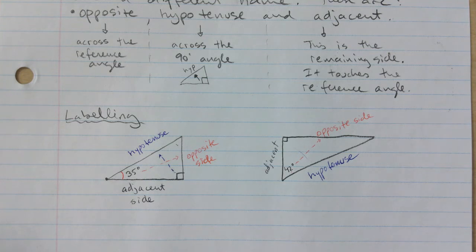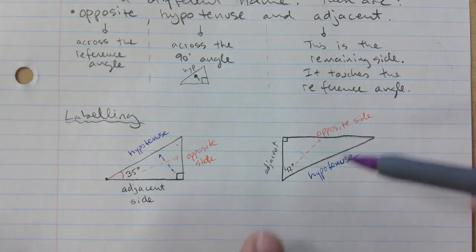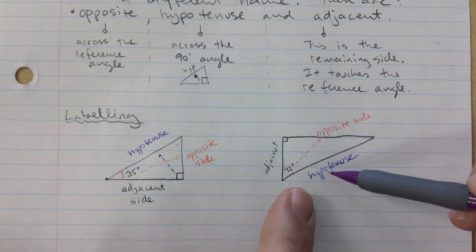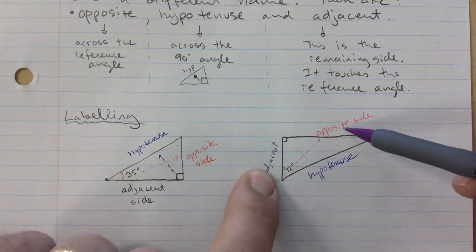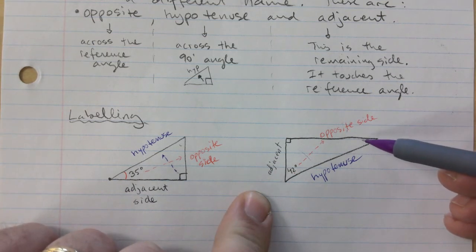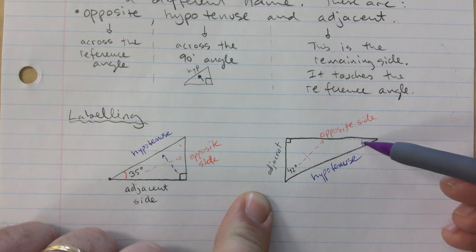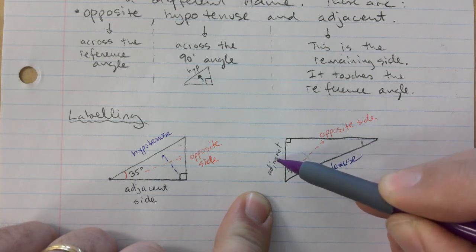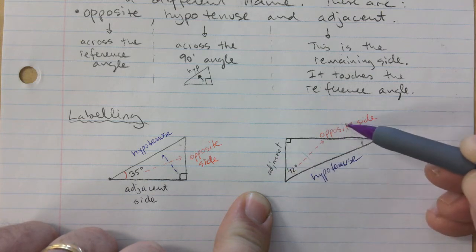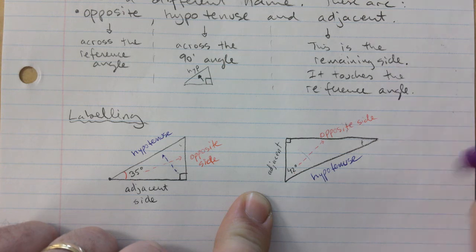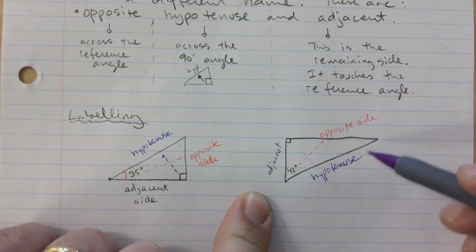But remember, the hypotenuse never changes, but the other two sides do change. How so? Well, let's say we work with this other angle. If I give you this angle, all of a sudden that is your reference angle. This would be your opposite, and therefore this would be the adjacent. So it always depends on the reference angle.